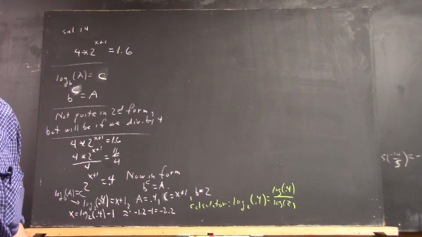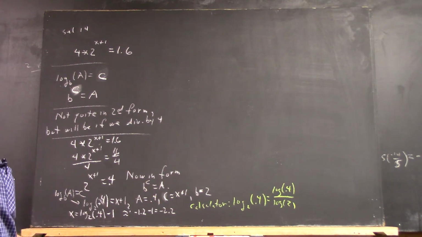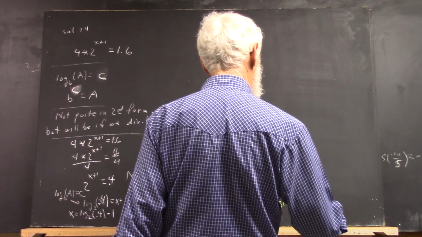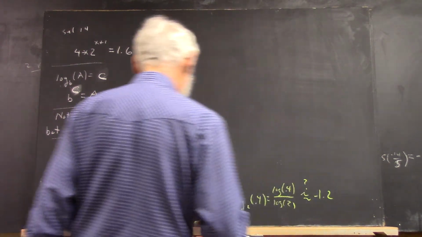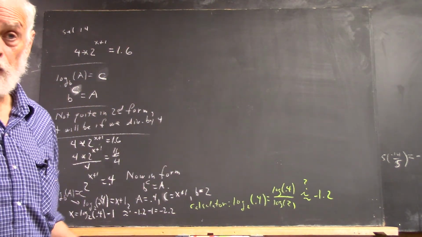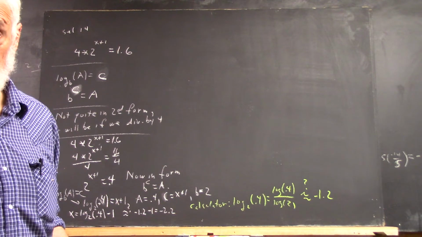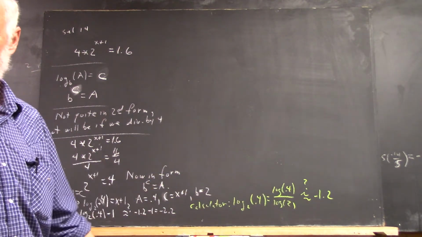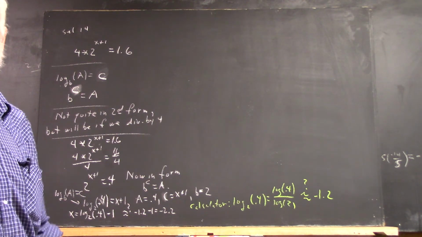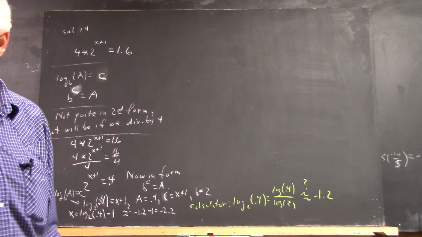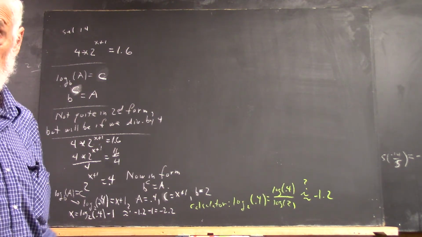Okay? And I think that might come out around negative 1.2. So my approximation with a question mark, I'm thinking that should be kind of close to negative 1.2 based on what I know about the graph. And I wouldn't be surprised if that's the round off to 2 significant figures. But I could be off. Could be negative 1.1. I don't think it's negative 1.3, but maybe.